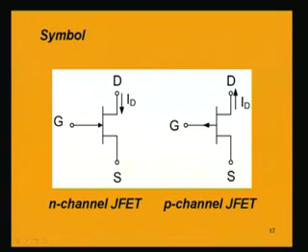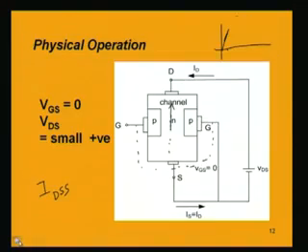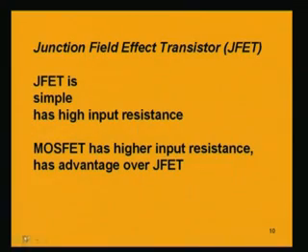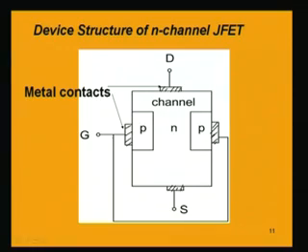So, the gate will be having a direction of current as shown here, because if we look into the device structure, this is P and this is N. So, from P to N current flows, that is indicative of the arrowhead in the gate terminal.